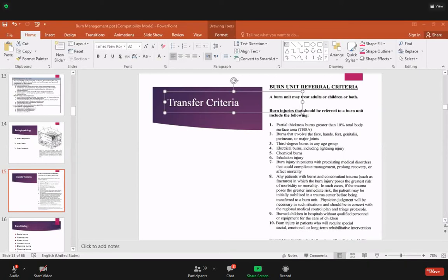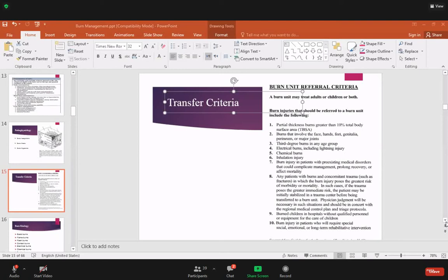any patient of any age with electrical burns, including lightning injuries, should also be referred to the burn center. Chemical burns, burns with inhalational injury, and burn injuries with pre-existing medical conditions like epilepsy or chronic problems of the liver or lungs can complicate the management, prolong the recovery and affect mortality.